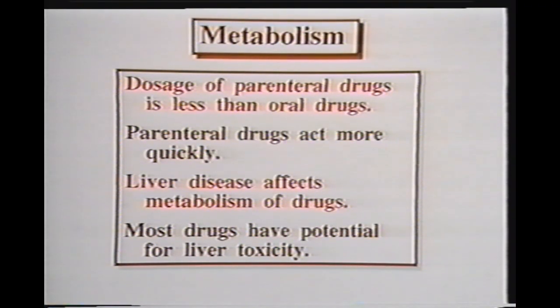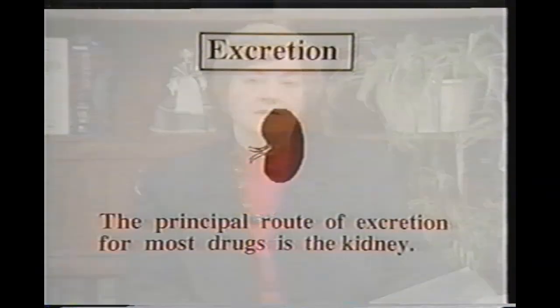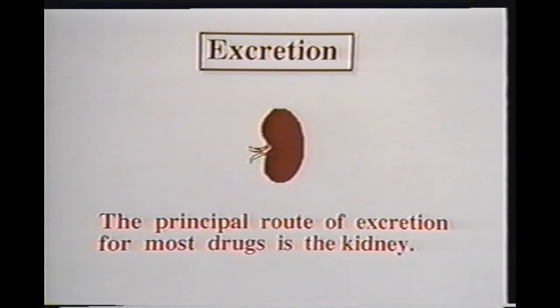Most drugs are broken down in the liver, and most drugs have the potential for liver toxicity. That's a nice thing to remember when you're trying to figure out toxicity to a particular drug. Most drugs are excreted via the kidney, and so we have to keep an eye on kidney function with most drugs. Some drugs are more nephrotoxic than others, but that's an important concept for us to keep in mind.